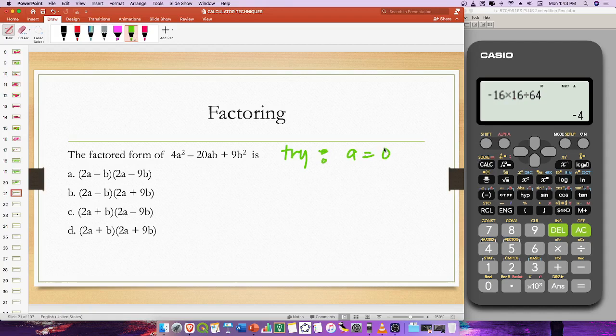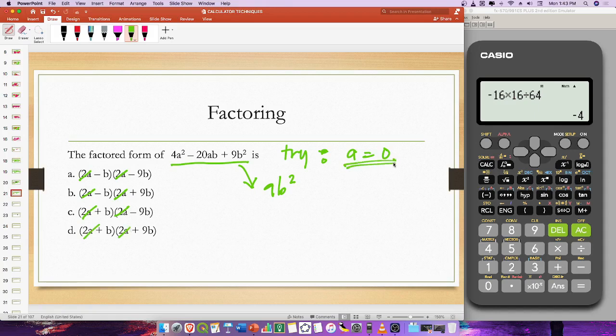When a equals 0, what will happen to this? When a equals 0, this will become not 9, but 9b squared. Okay? The result should be 9b squared. So, this is 0, 0, 0, 0. Take note, this is the trial value of a.